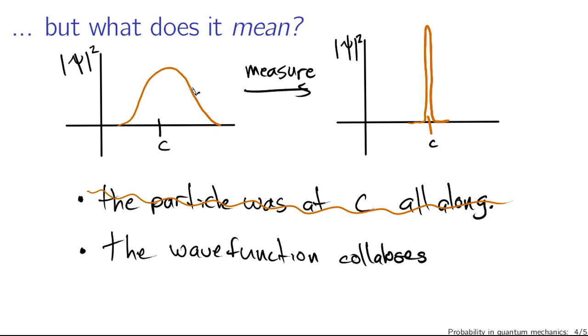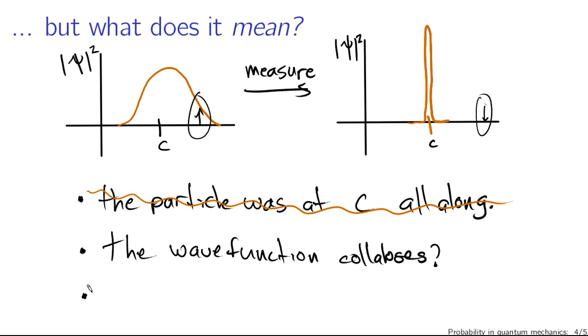Suppose you were concerned with the wave function's value here. Before the measurement, it's non-zero, whereas after the measurement, it's 0. So this decrease in the wave function out here, it's reasonable to call that a collapse. What that wave function collapse means is subject to some debate, and there are other interpretations.